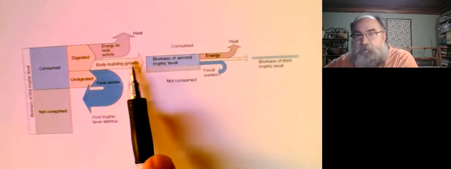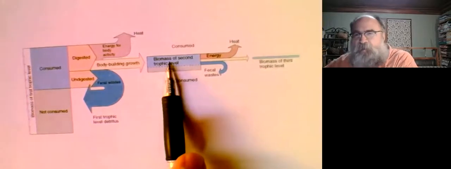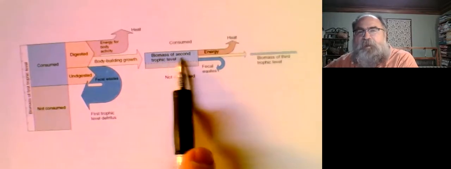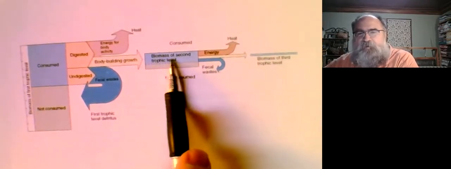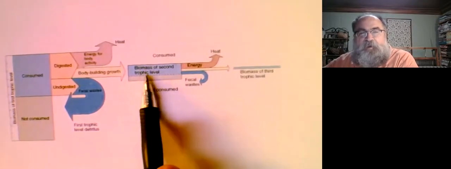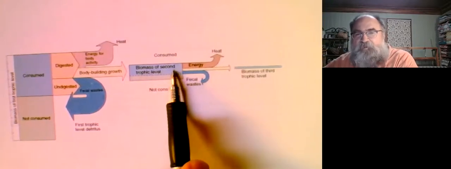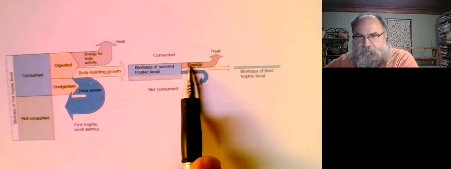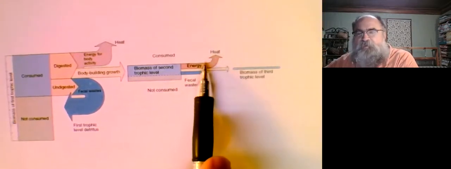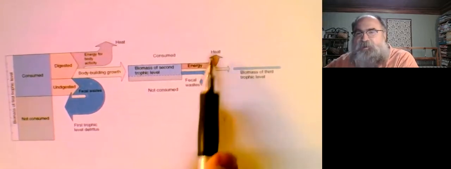Now, somewhere along the line, the sheep gets eaten. A pack of wolves, or well, maybe people come by and they eat the sheep or whatever. And so here we have the carnivore. And so the biomass of the carnivore, well, some of it's going to be consumed, and of that consumption, some becomes energy that gets lost in the conversion of the food, gets lost in the metabolism of the body, gets lost as heat.